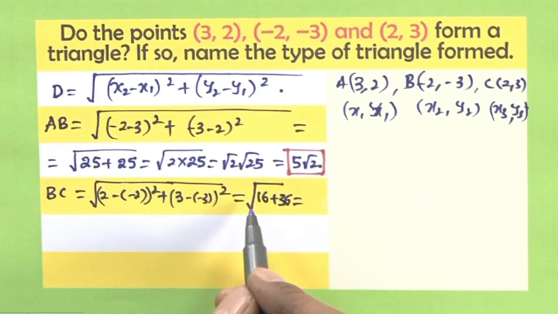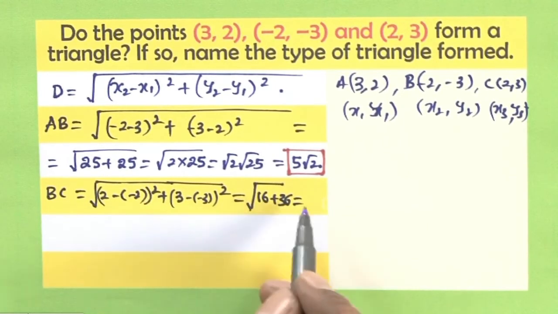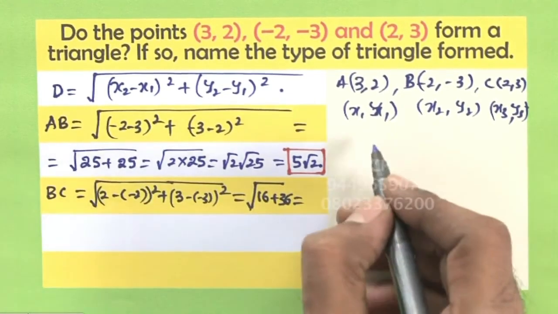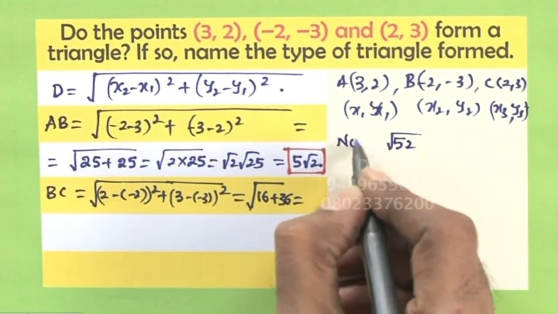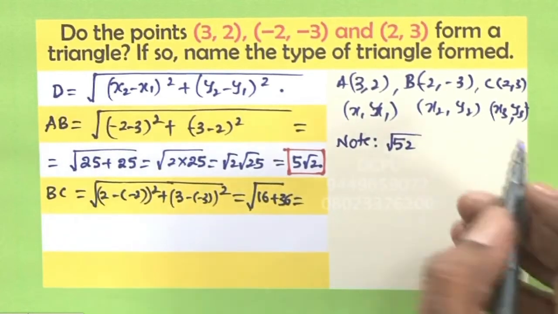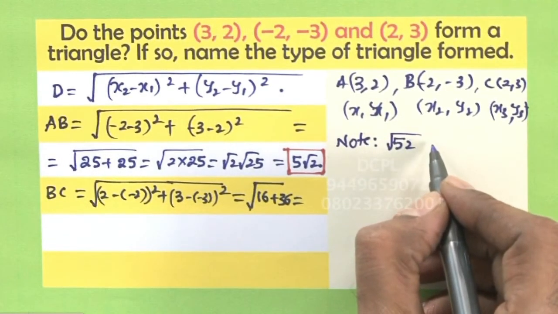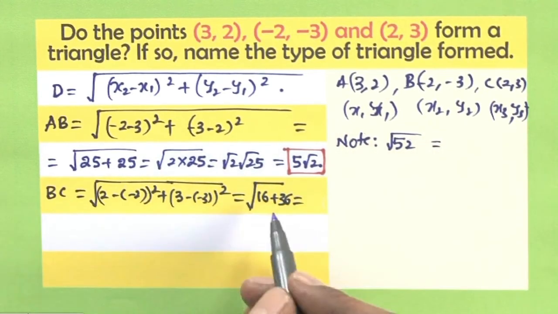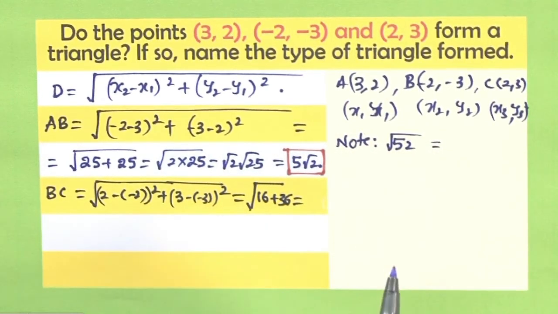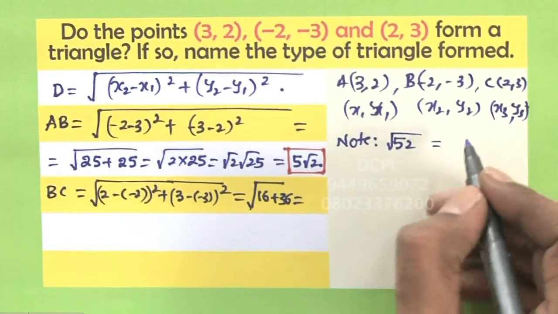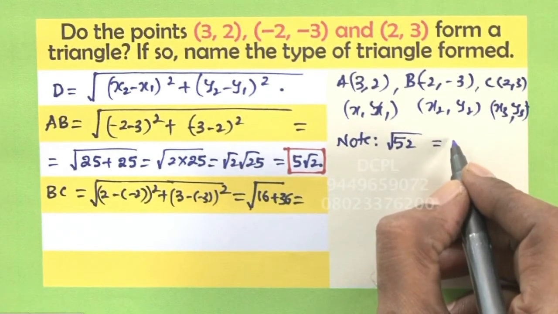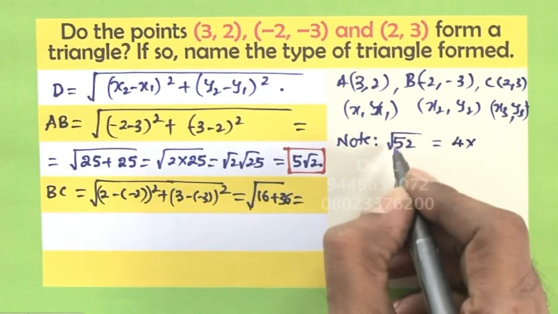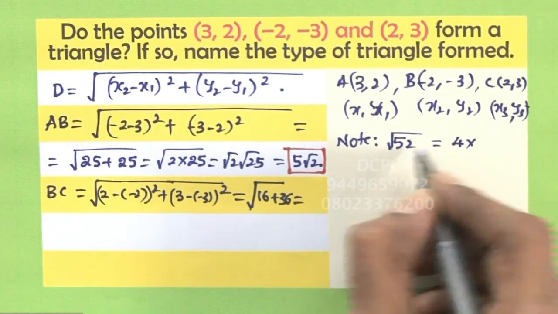That is equal to root 52. What is root 52? Can we write this as 4 times 13? If we divide 52 by 4, we get 13.